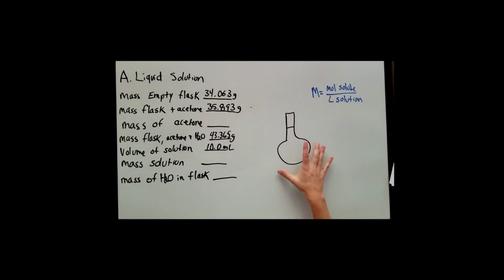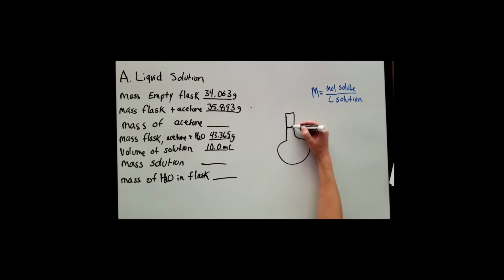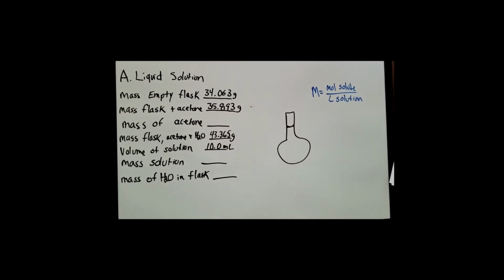For instance, we have a 50 milliliter volumetric flask and 10 milliliter volumetric flasks, and in this particular case we're using a 10 milliliter one. When we fill it up to the line provided, that means there's exactly 10 mL in here. It's almost more accurate than a graduated cylinder, which is what we usually use to measure our liquids. That's why we use them to prepare solutions, because of their accuracy.